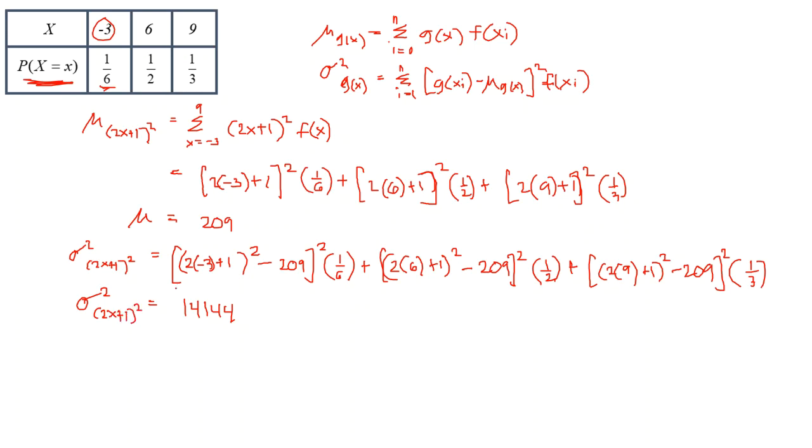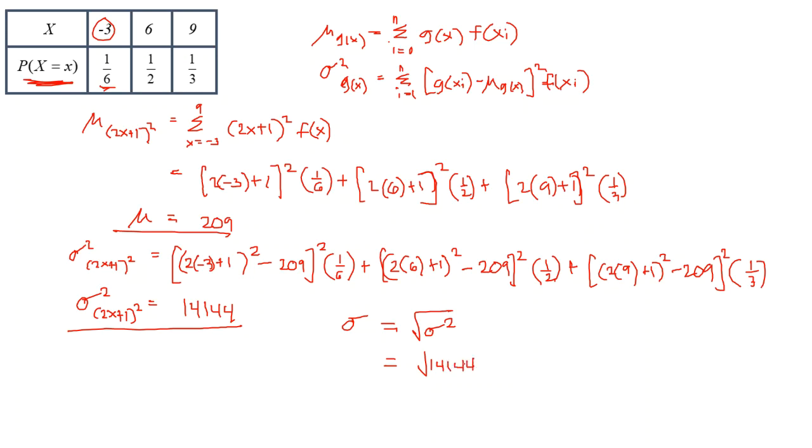As we know from the discussions for the first exam topic, in order to get the standard deviation, we have to square root the variance. So sigma, the standard deviation, is equivalent to the square root of our variance. Since our variance is equivalent to 14,144, we have to square root that.